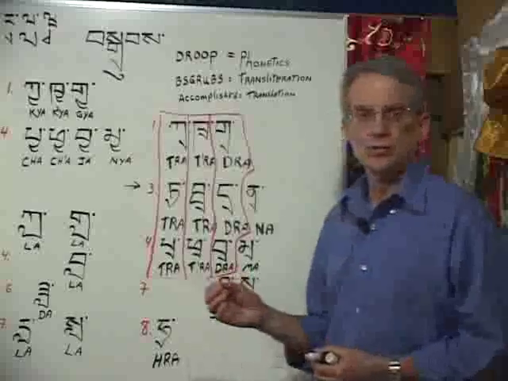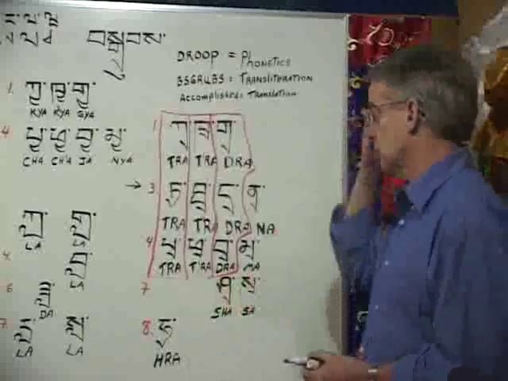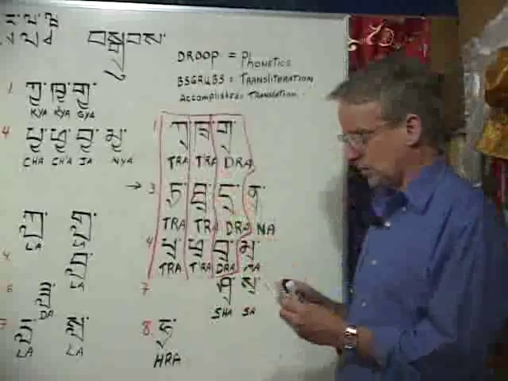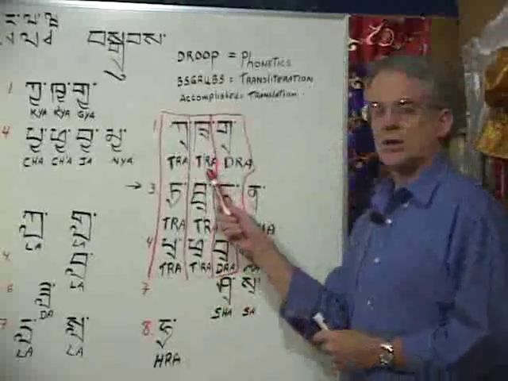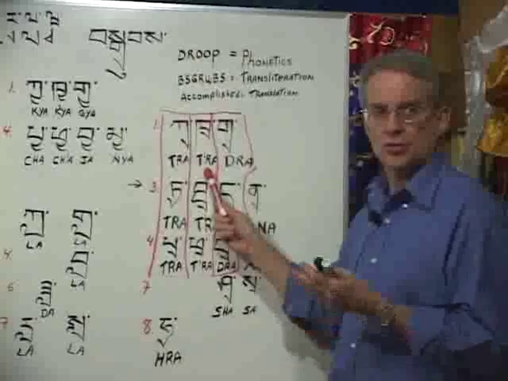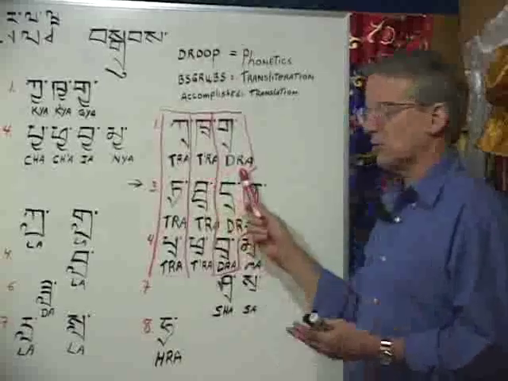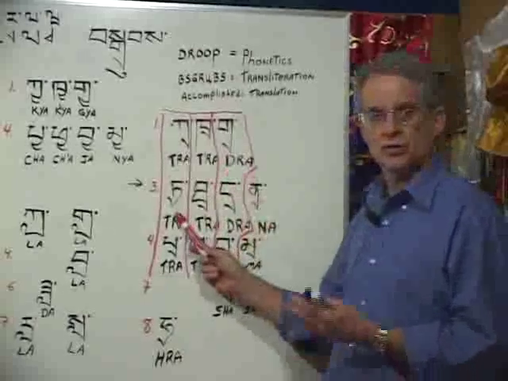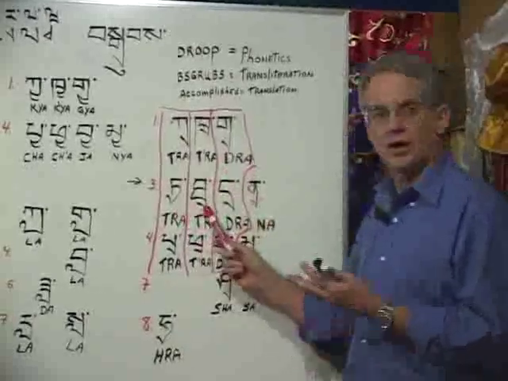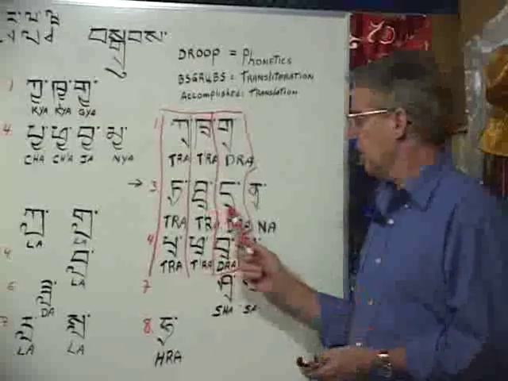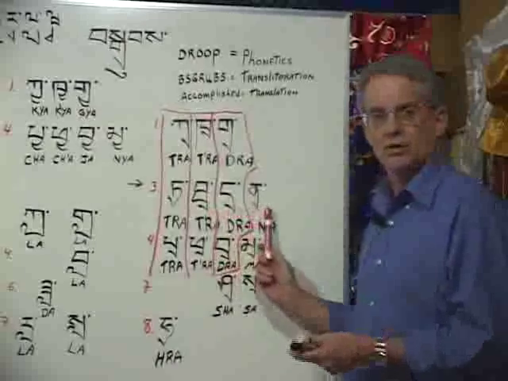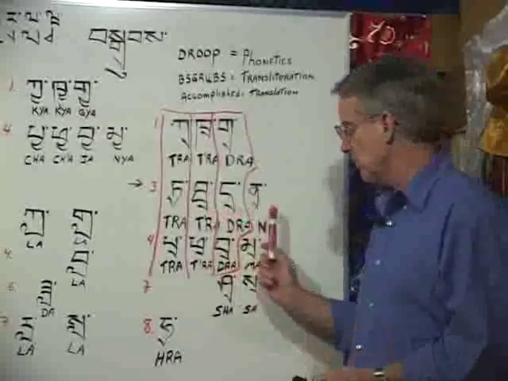So now I'll spell through all the 14 ratas. We have ka rata tra, ka rata tra, ga rata dra, ta rata tra, ta rata tra, da rata dra, and na rata na.